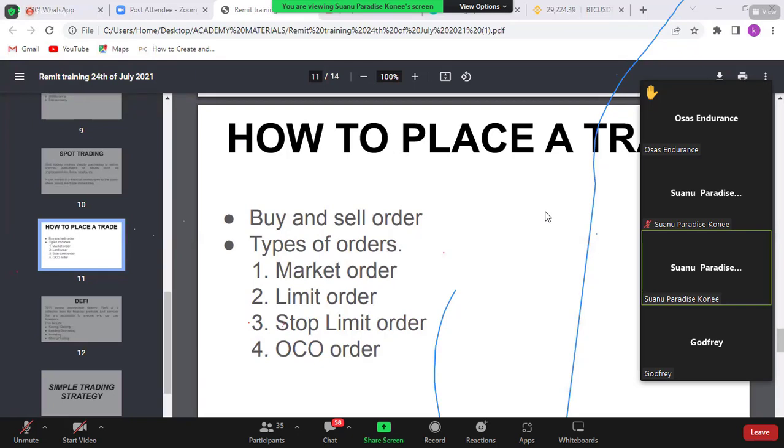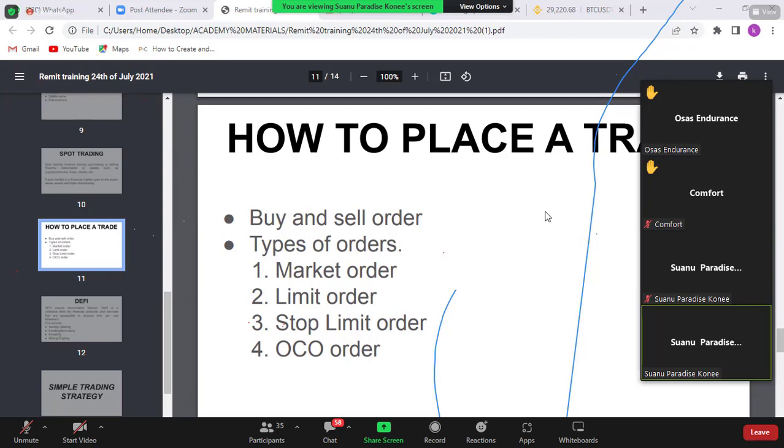But when you talk about trading, we have three types: the scalper, the day trader, and the swing trader. The scalper's trade lasts for a few minutes, less than 24 hours.